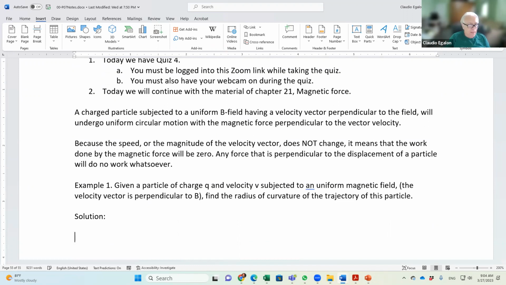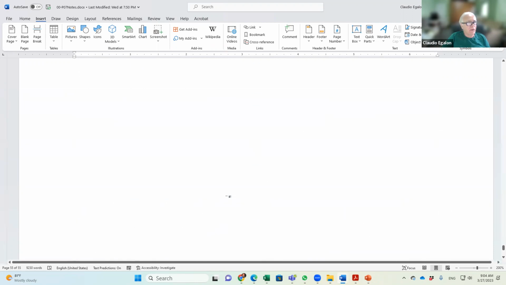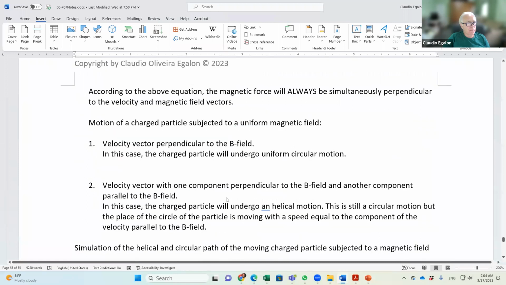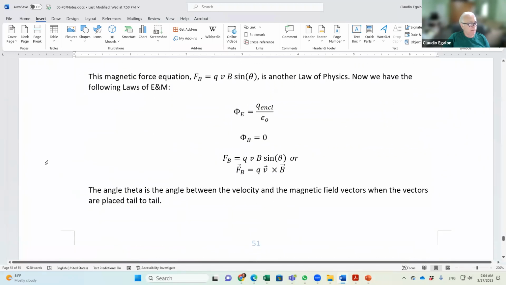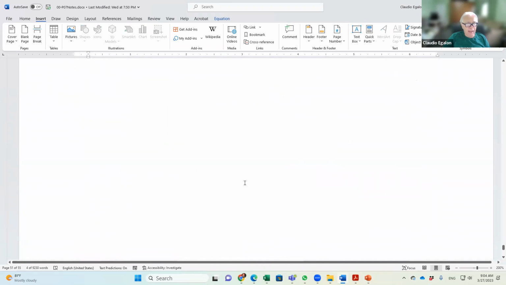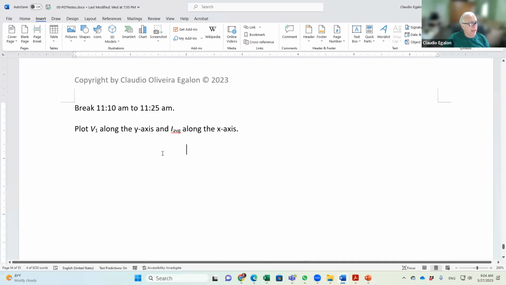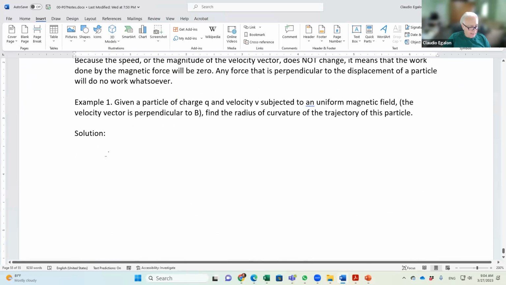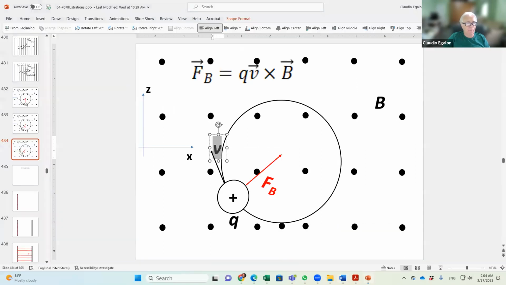Solution. Let's get an equation here. Okay, let's use this one instead, because the angle between the velocity vector and the magnetic field is 90 degrees. So we can write down that the magnetic force applied to this charge is going to be QVB.